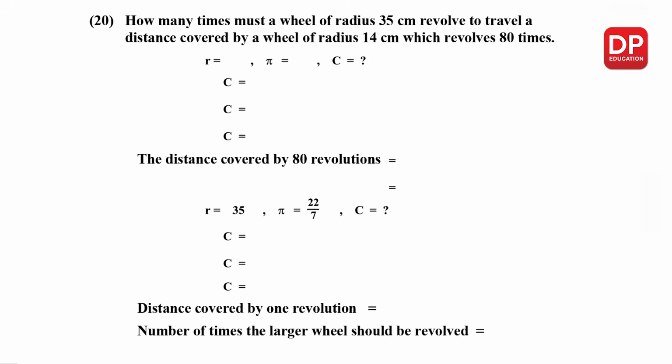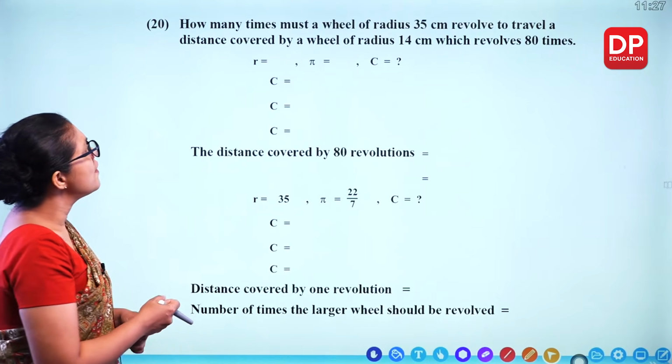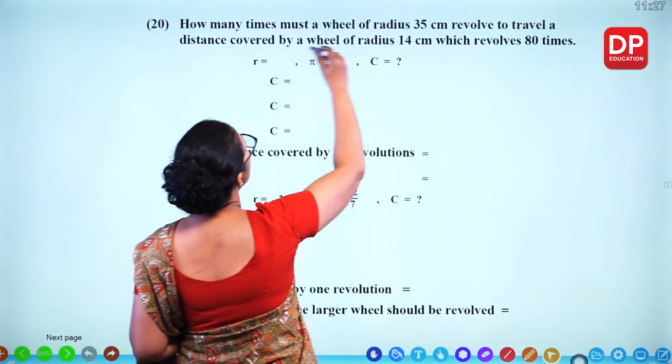Look at this question. How many times must a wheel of radius 35 centimeters revolve to travel a distance covered by a wheel of radius 14 which revolves 80 times? First we'll find out for this wheel.